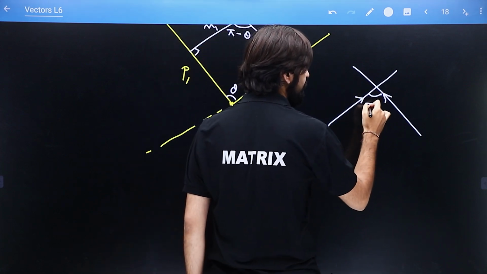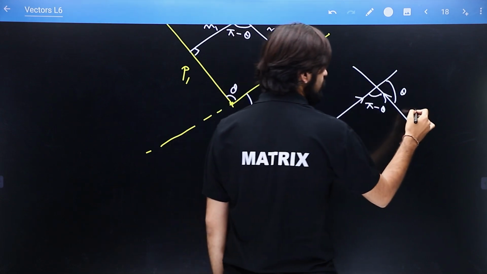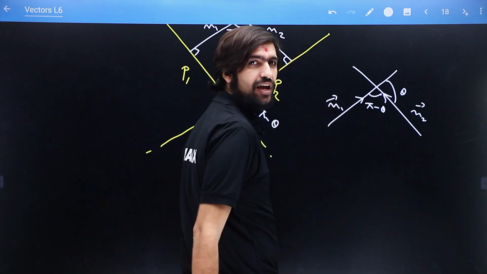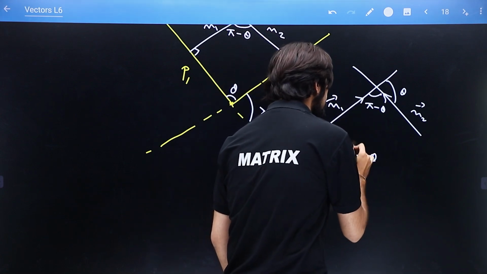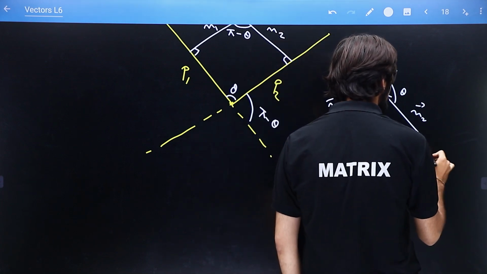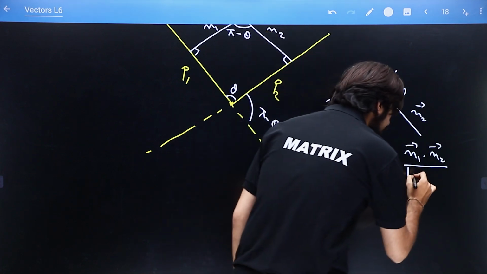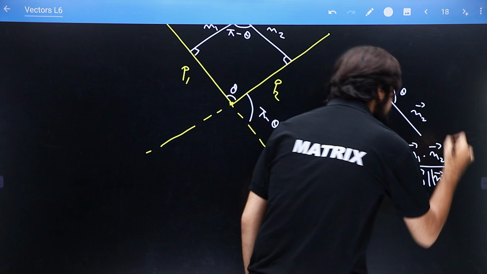This is pi minus theta and this was your theta. What is the angle between the n1 and n2 vectors? So cos(pi − theta) = n1 vector dot n2 vector divided by |n1||n2|. As simple as that.